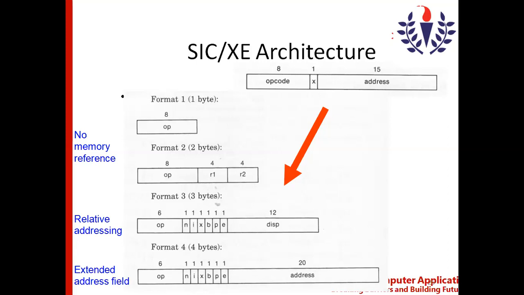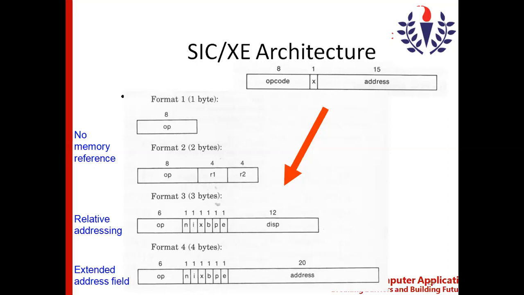Why is this change required? If you look at the addressing field in the SIC instruction format, there are 15 bits of address. And as you know, when you move from SIC to SIC/XE, the memory capacity has been extended, from 32,768 bytes to 1 megabyte.